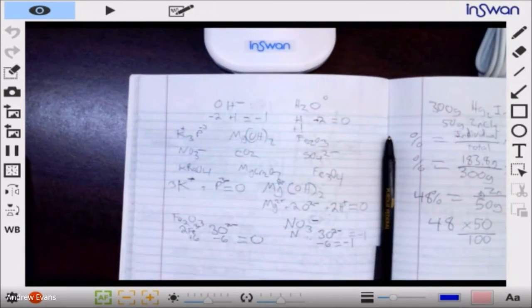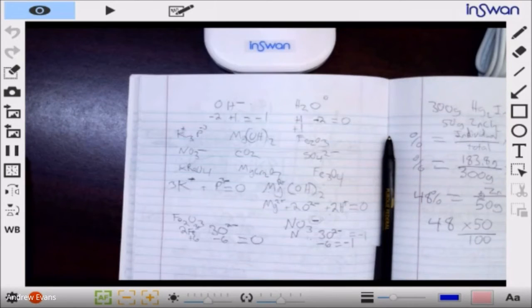If we just use the nitrogen based on what we know about nitrogen, you would say nitrogen should be 3-, because nitrogen typically would want to move to the right 3 places to make it 3-, to make it an octet.